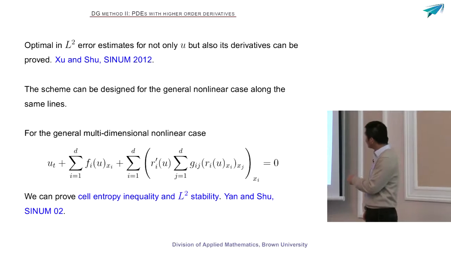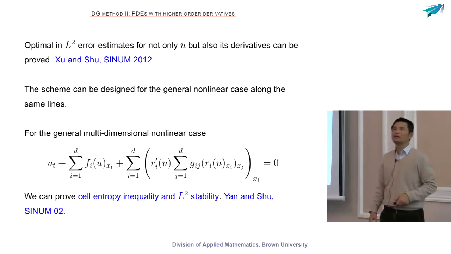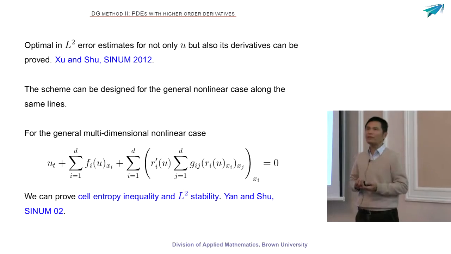Now, for quite a long time, we could prove stability of this method. We could prove convergence, but we could not prove optimal error estimate.